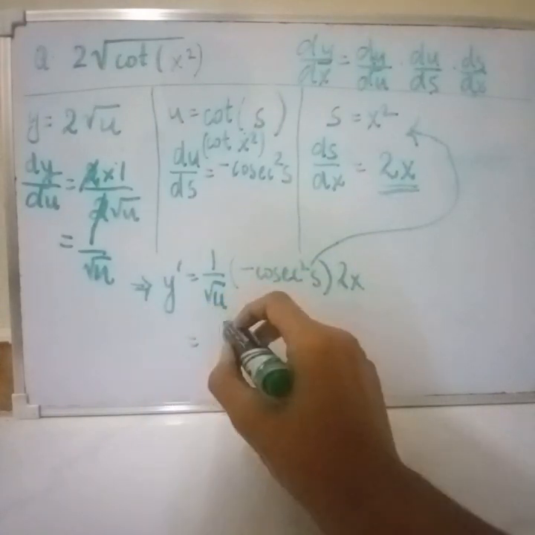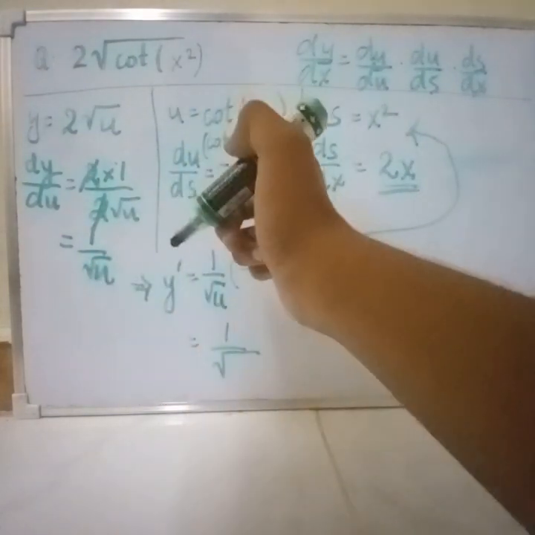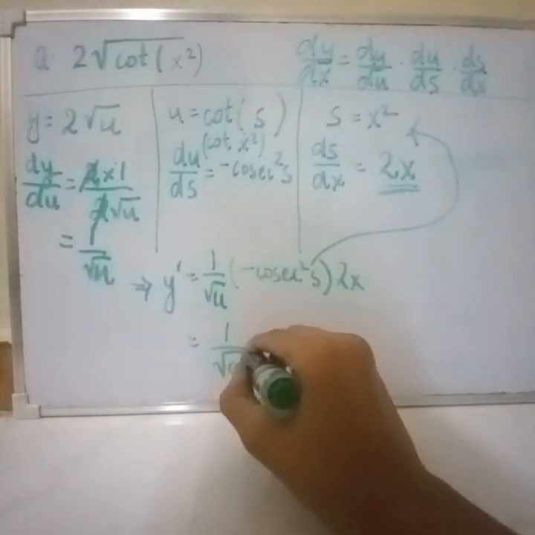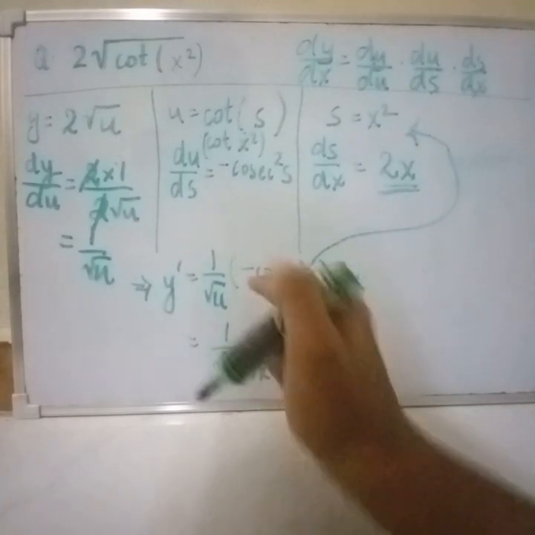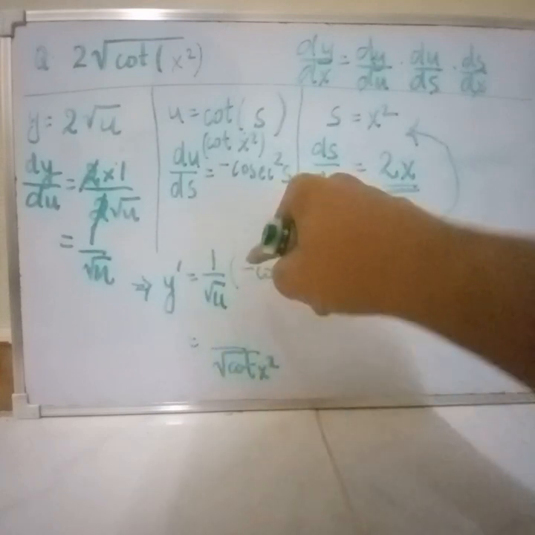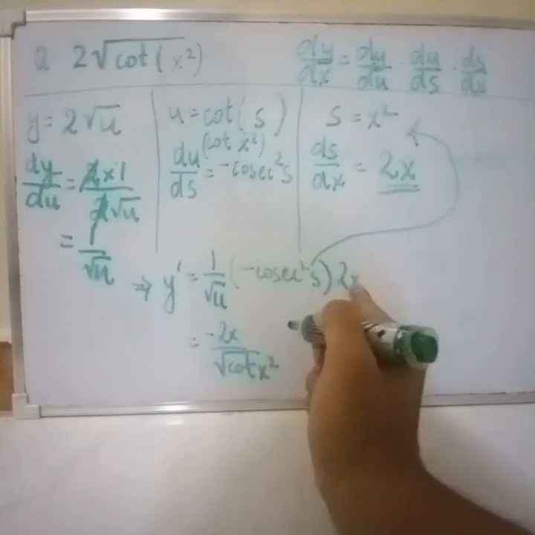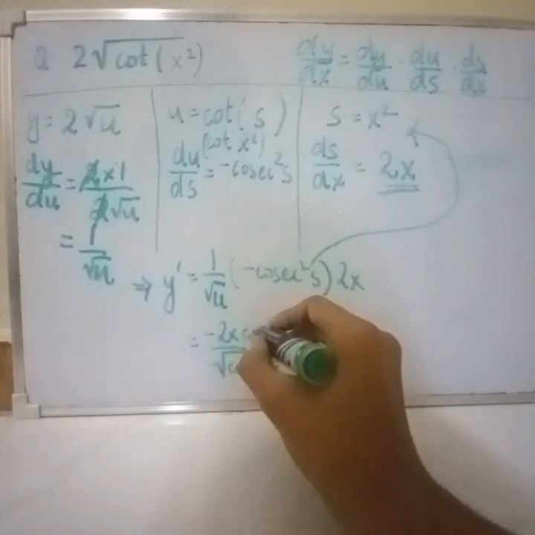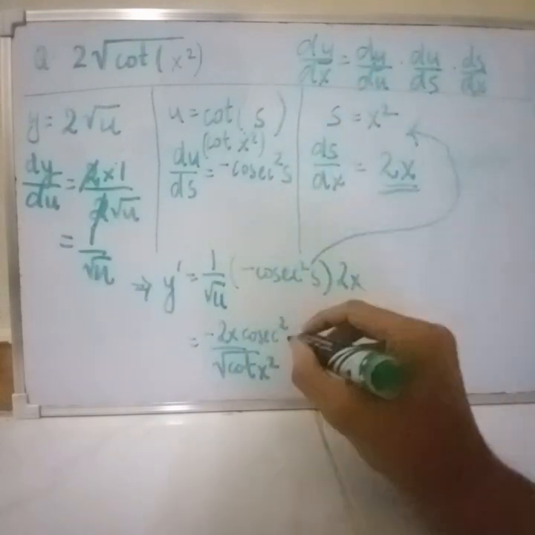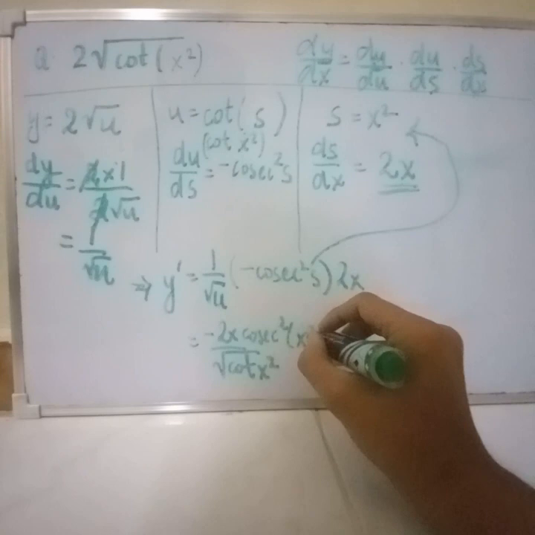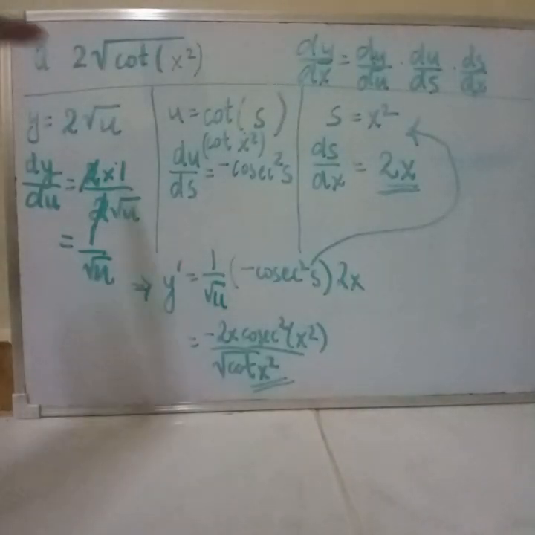So it will be 1 by root u, our u is cot x squared, and the 2x can be written directly in the numerator, so it will be minus 2x multiplied with cosec squared of our s, which is x squared. So this is the answer for the derivative of this function.